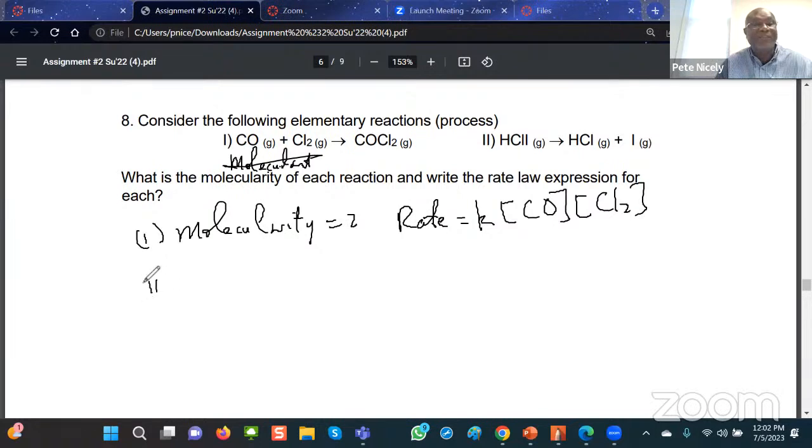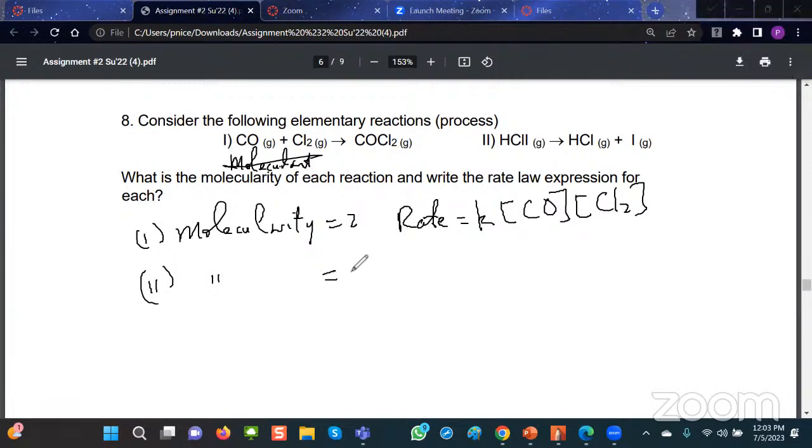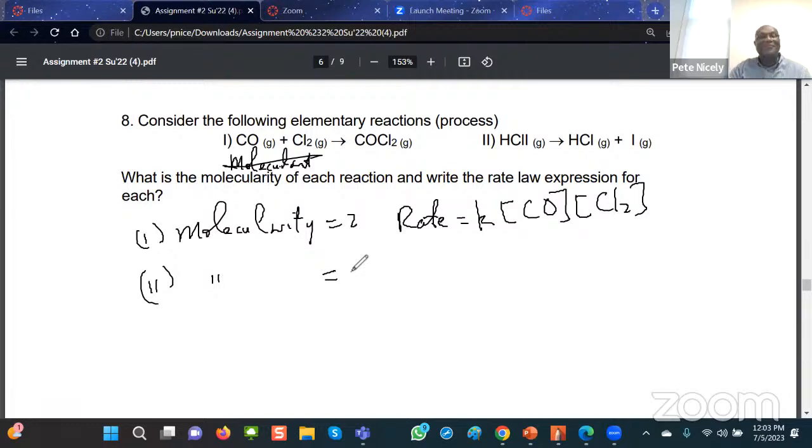Okay, what about the second one? What's the molecularity? Anybody? I got 1. That is indeed correct again. And what would be the rate law?